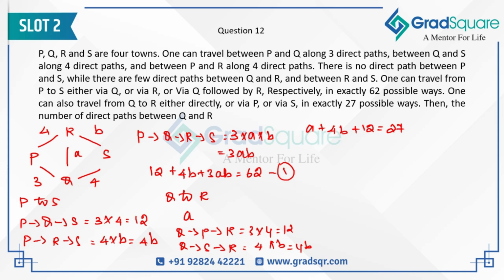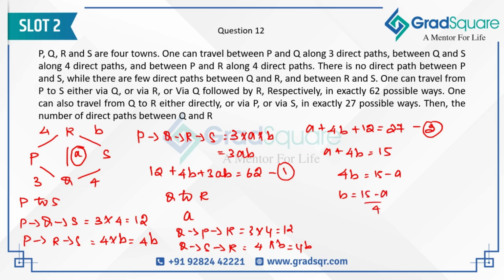Now the number of direct paths between Q and R, that means I have to find the value of A. Now from the second equation, I can say A plus 4B is equal to 15, or else 4B is equal to 15 minus A, or B is equal to (15 minus A) by 4.